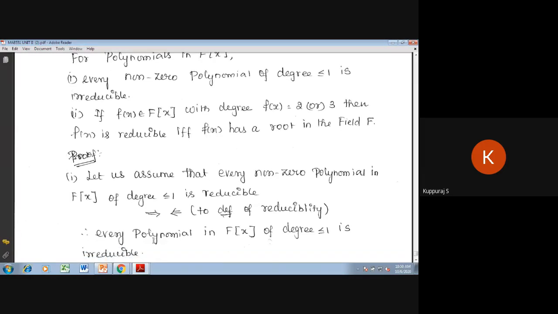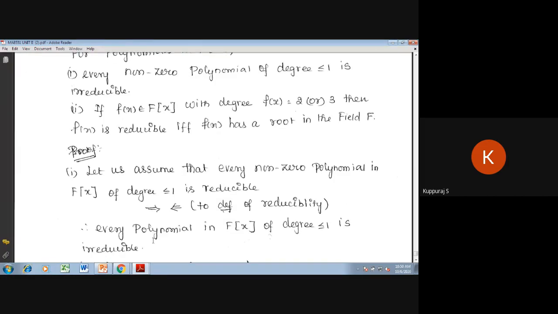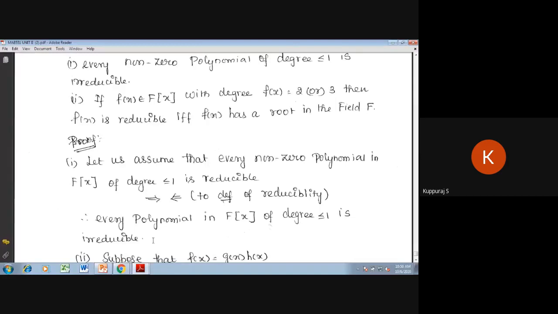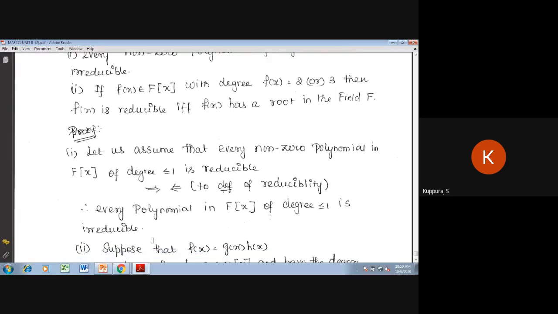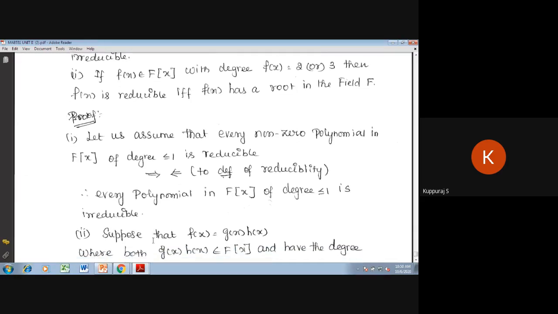Therefore, every polynomial in capital F of x of degree less than or equal to 1 is irreducible. The first one is proved. Are you clear? If any polynomial whose degree is less than or equal to 1 is not reducible, then it is irreducible.